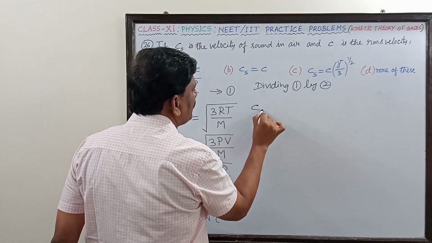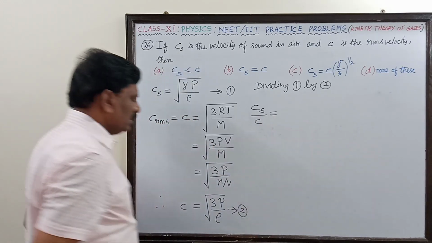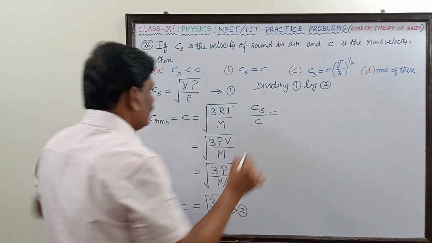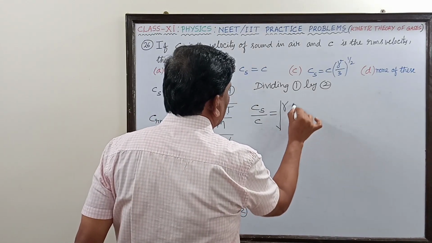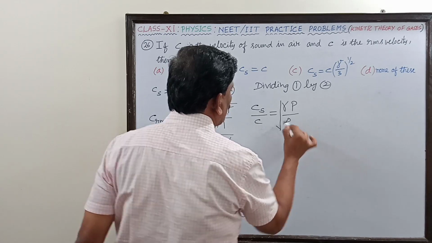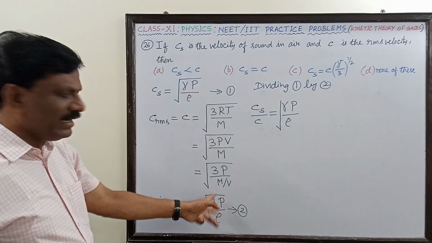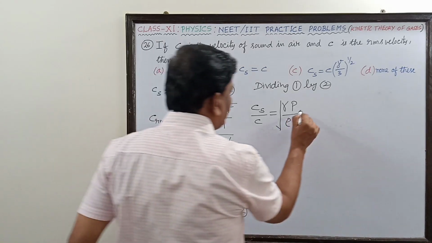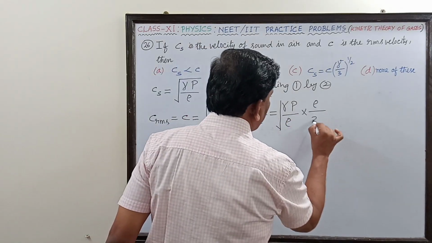So left hand side is Cs divided by C. Now the right hand side is square root of gamma P by rho, and I will multiply by the reciprocal of the other quantity, into rho divided by 3P.